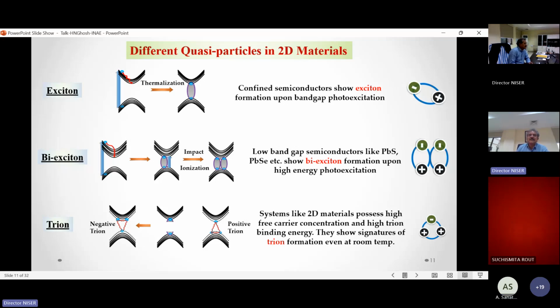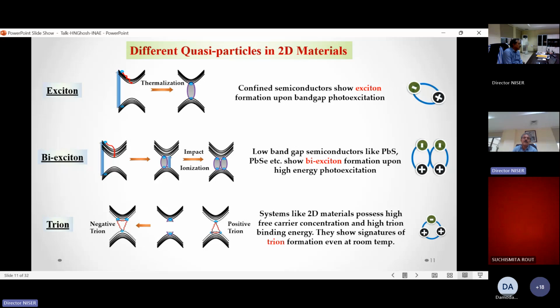Even after that, because it's a 2D surface, there will still be lots of free carriers moving around in addition to the exciton. Those excitons, which have one electron and one hole, can interact with an electron and form a 3-body species, which is 2 electrons and 1 hole, or 2 holes and 1 electron. That's called a negative trion and a positive trion.